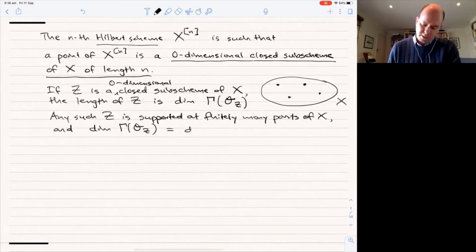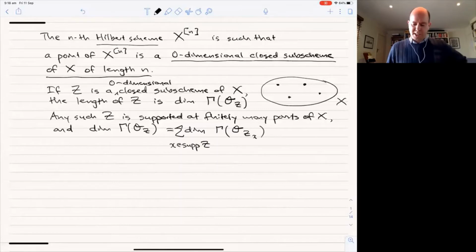So the total length of this subscheme is actually just a sum of contributions at the various points. Sorry, this is a sum over x in the support of Z of the contributions from the localizations at these various points.